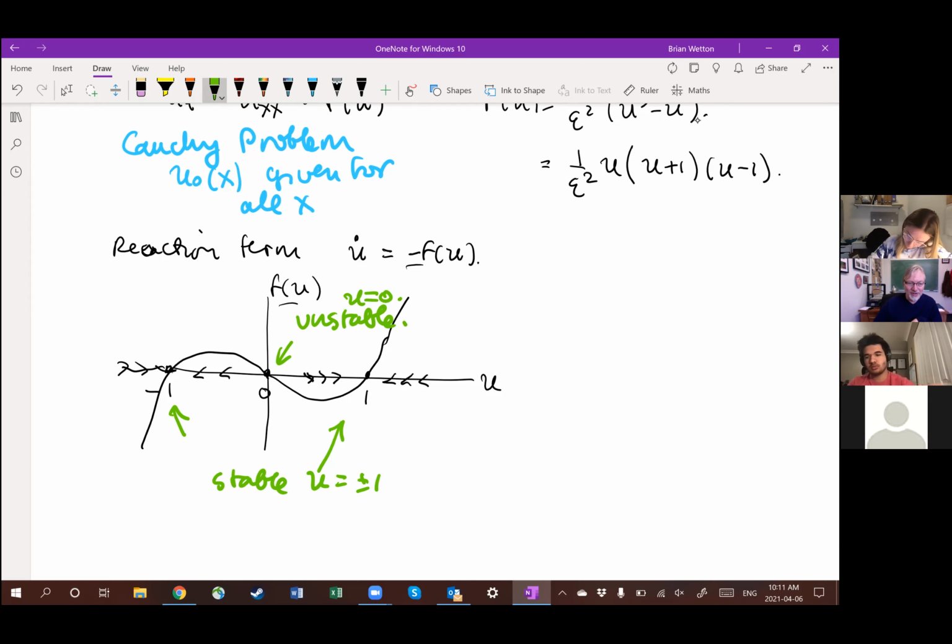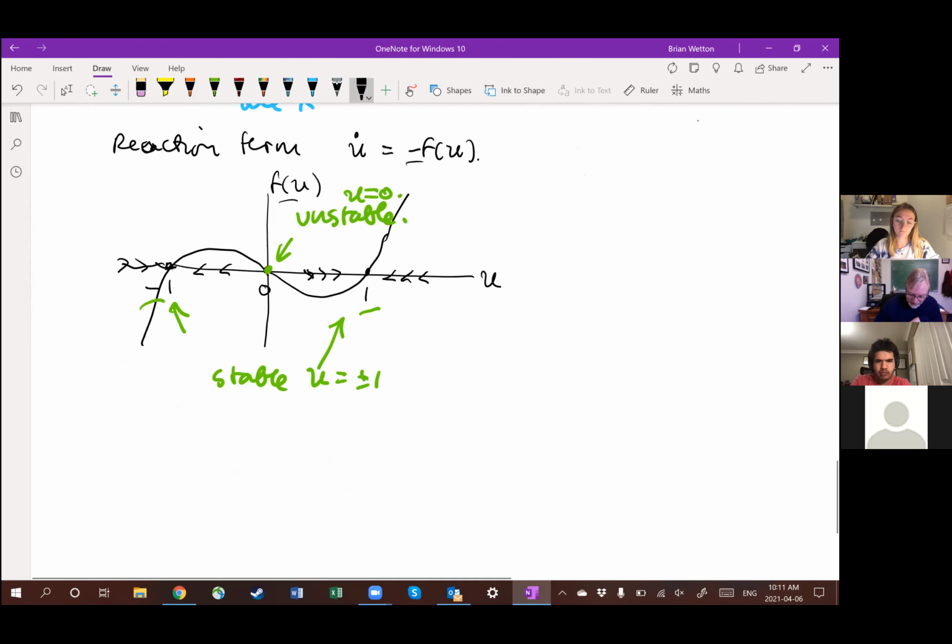So when you talk about u equal to 0, then you have some kind of mixture of the crystal orientations locally, half and half. And over here, you've got all one orientation, and over here, you've got all the other orientation. This problem's a little bit artificial in 1D. I'll talk a little bit about 2D and higher later on. Okay, and so now what we can do is add the diffusion term back in.